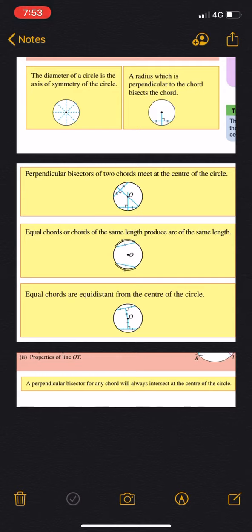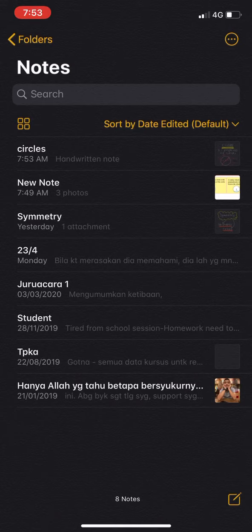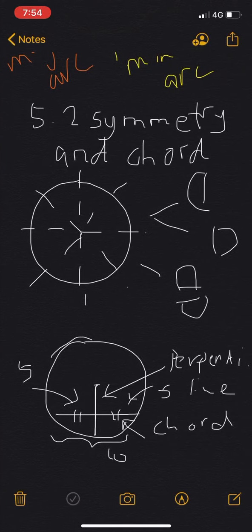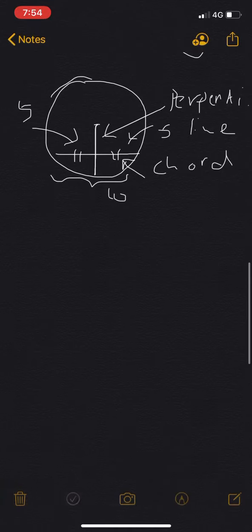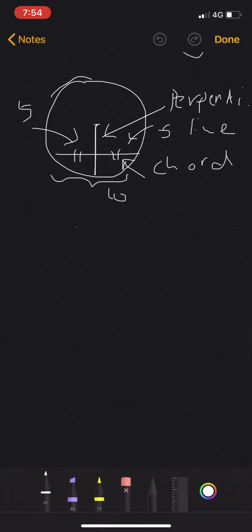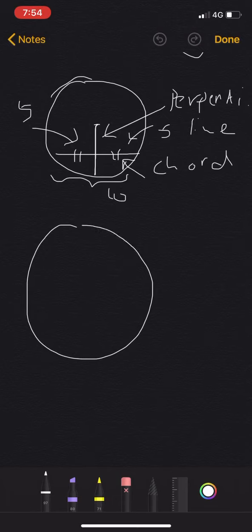The third property is the perpendicular bisector of two chords meets at the center of the circle. So kalau ada your circle and then you have two chords, tak kisahlah chord ni same length or different in length. This is your center.